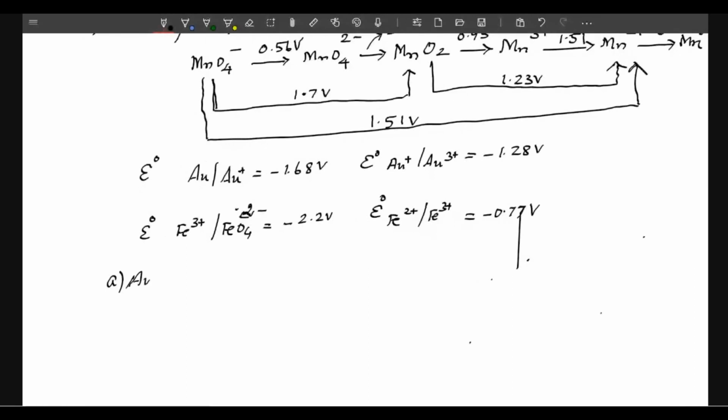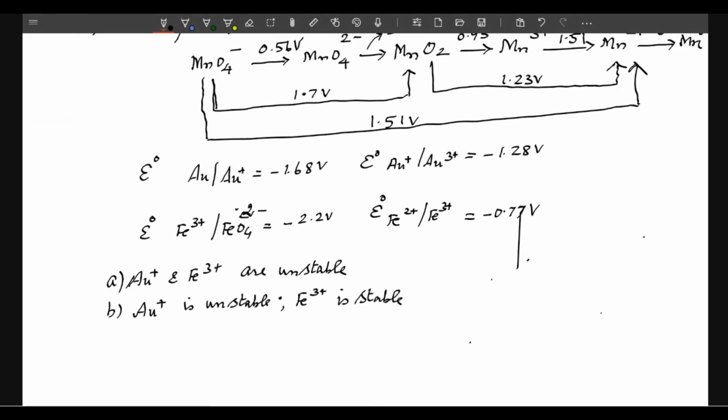A. Au plus and iron 3 plus are unstable. B. Au plus is unstable, iron 3 plus is stable.